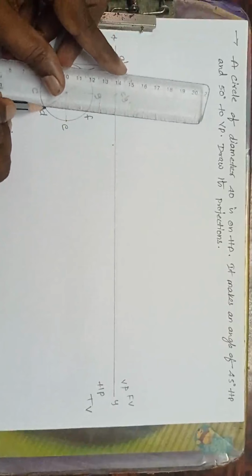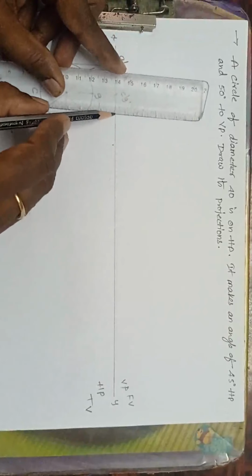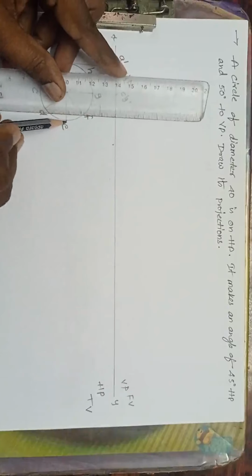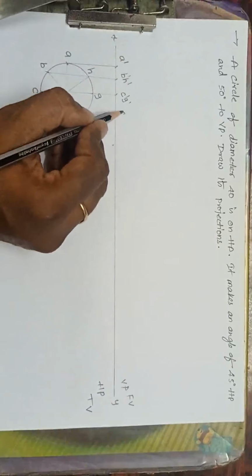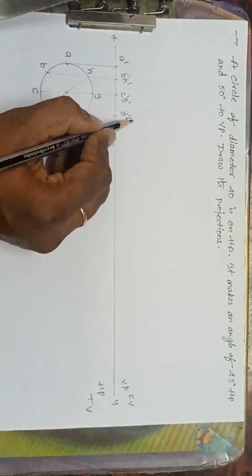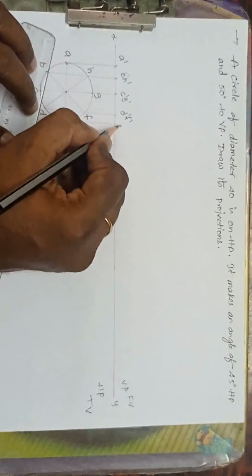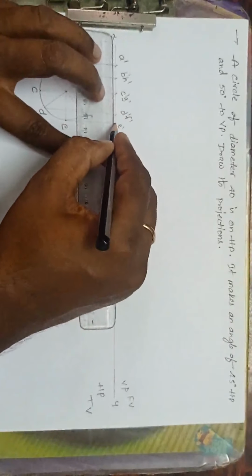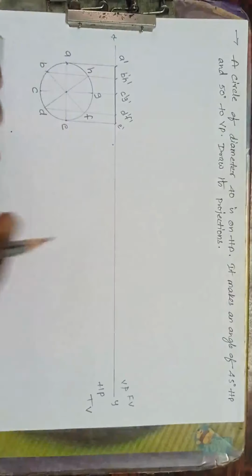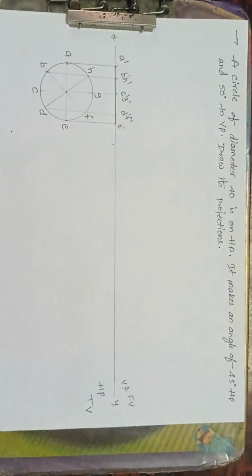Now this is D dash, F dash, from E. What is this? This is E dash. Now make this dark like this. Over.